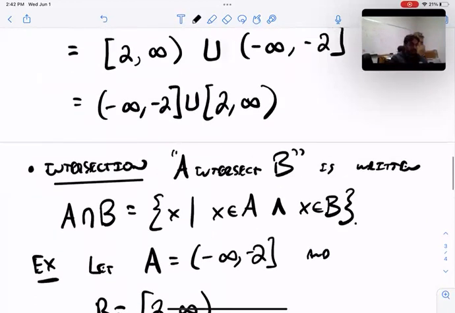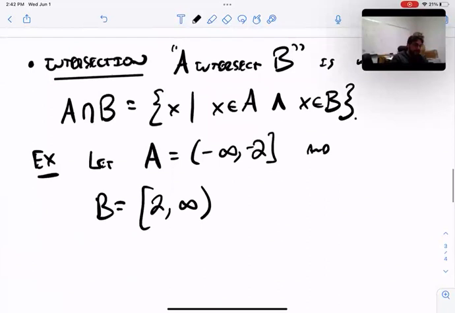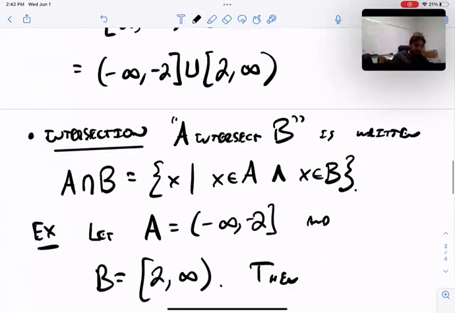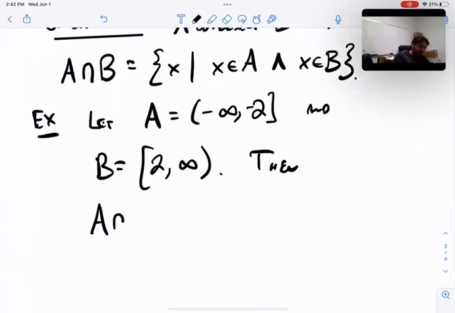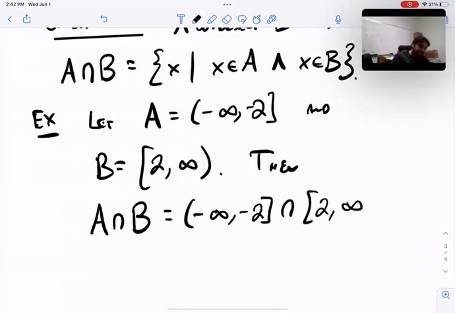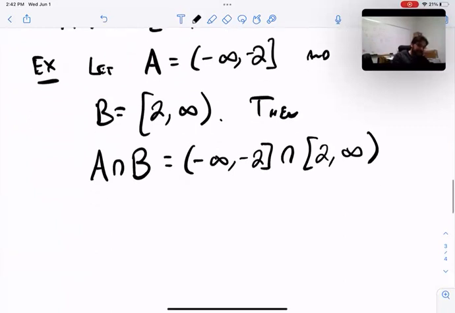So the same sets we were dealing with in the previous example. Instead of taking their union like I did up here, I could take their intersection. I want the set of all elements that are simultaneously in the first interval and the second interval. Well, nothing is simultaneously in both intervals.